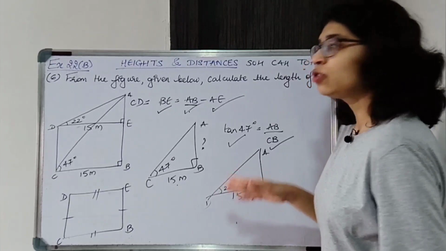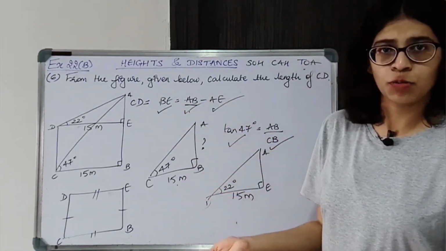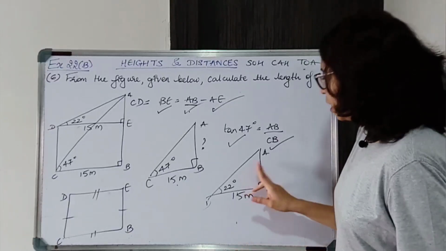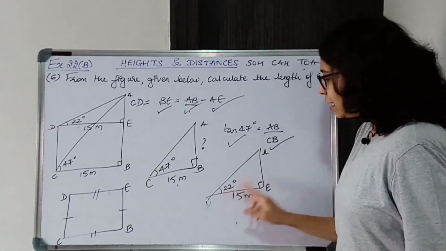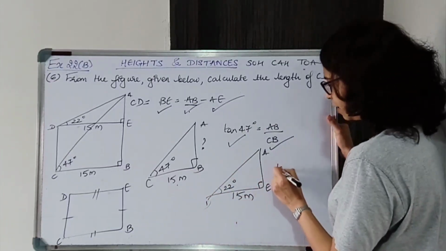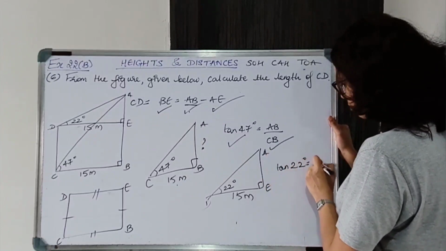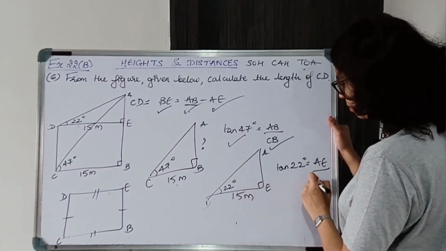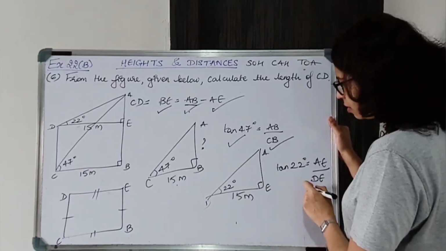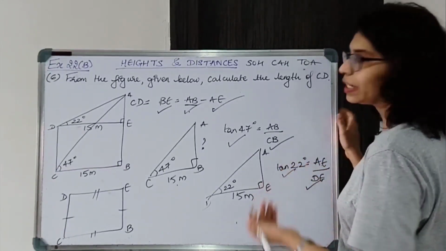We know one angle, we know one side, we can easily find the other side of the triangle using the trigonometric ratio. We have to find AE, the side opposite the angle, and the adjacent is known. Again we'll take tan. So tan 22 is equal to opposite upon adjacent. This we'll get from the table. So on multiplying you will get the value of AE.